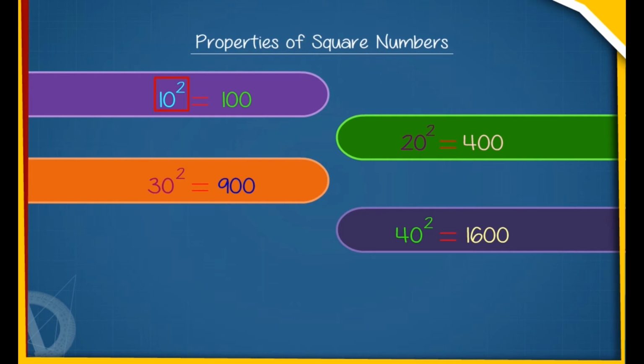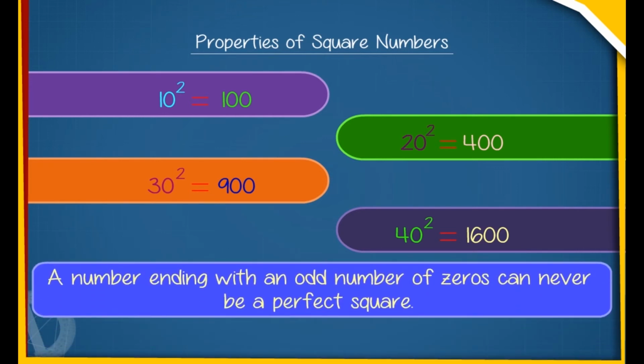For example, 10 square is 100, 20 square is 400, 30 square is 900, 40 square is 1600, and so on. A number ending with an odd number of zeros can never be a perfect square. 5.